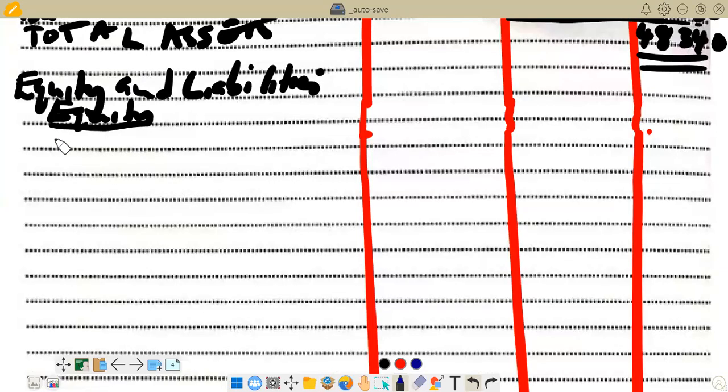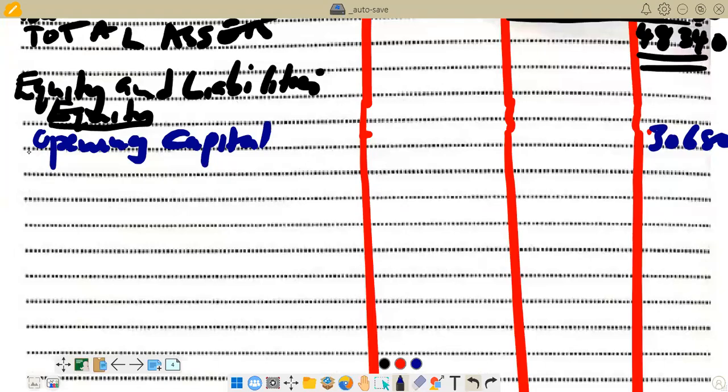So here we're going to start with opening capital. The figure for opening capital that we have there is 30,680 in this column. You add net profit. So if you have additional capital that was introduced during the year, we are supposed to add it, but in this question we don't have it.